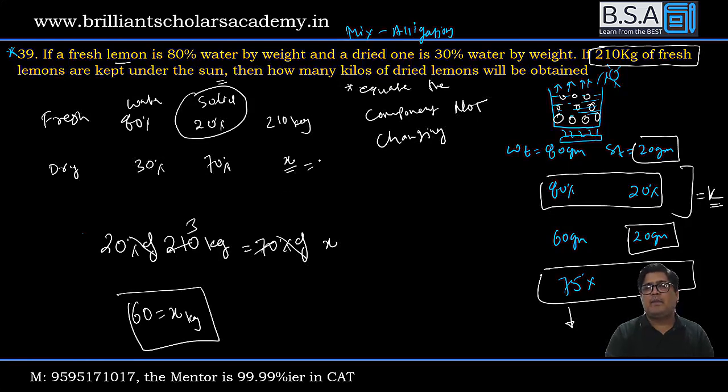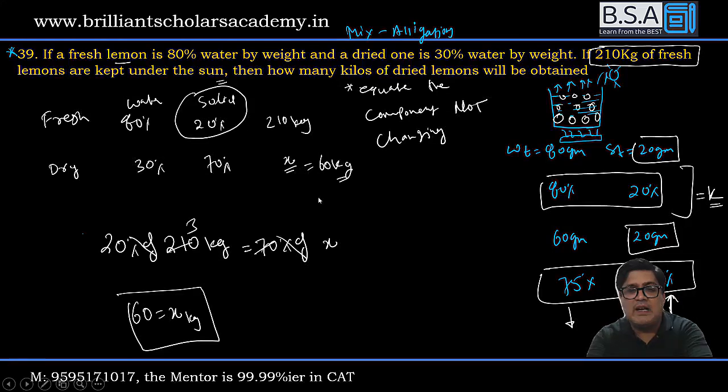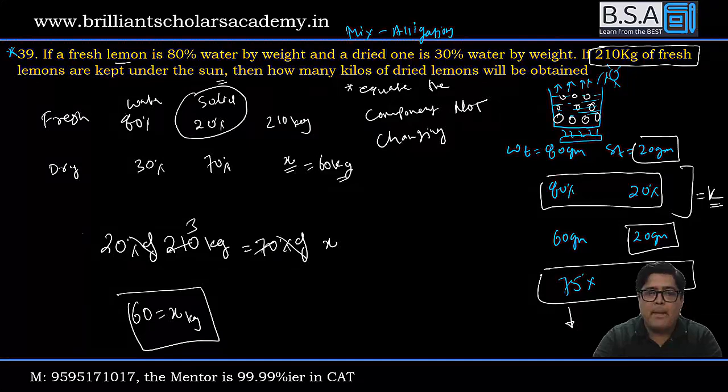When you dry, you will have 60 kilograms of lemons which are dried. That's your answer. 60 kilograms.